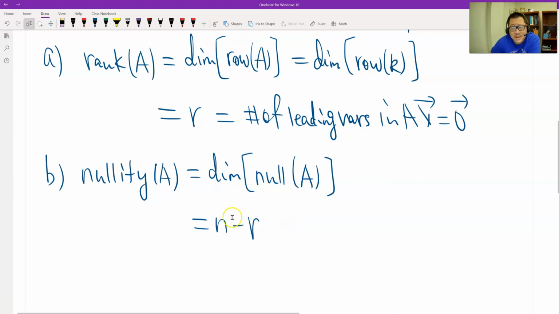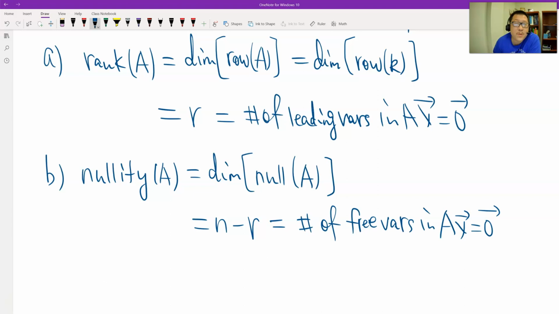What does this mean? This exactly means the number of free variables, because the total number of variables is n, minus the number of leading variables. Therefore, it exactly equals the number of free variables.